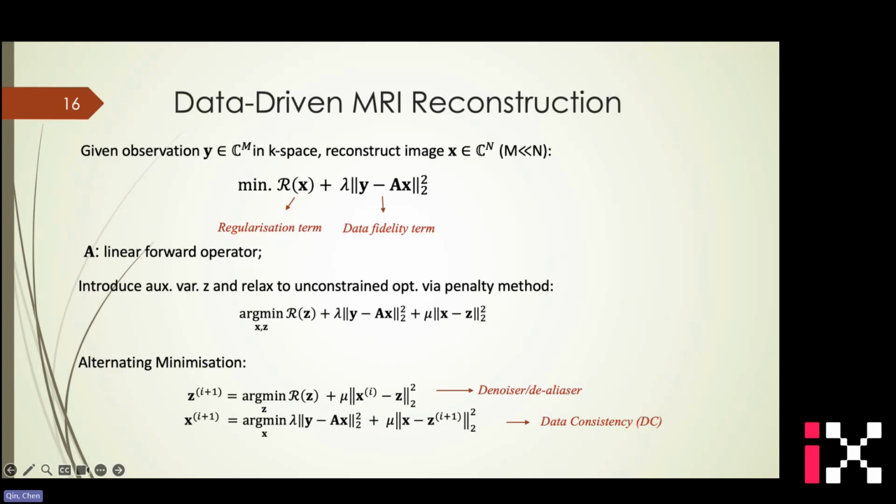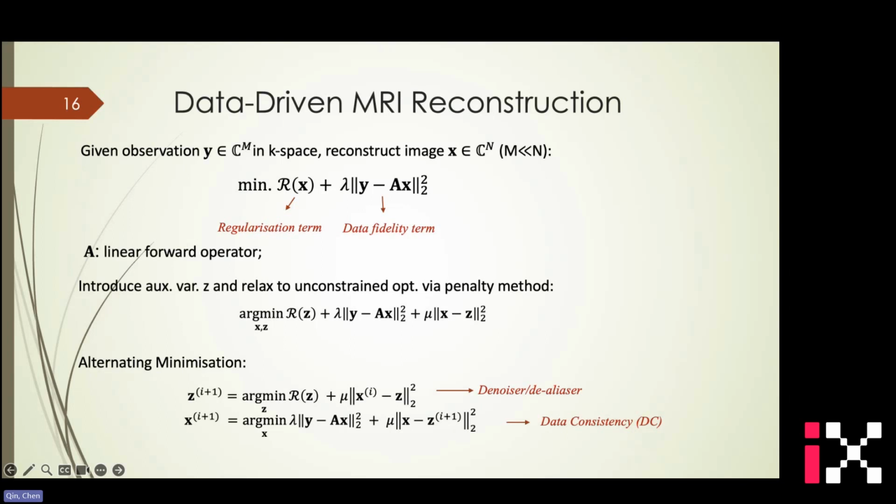Then we solve this by alternating minimization, where we optimize the intermediate variable z and the reconstruction x in an alternating fashion and also iteratively. This is the conventional optimization technique people use to solve these objective functions.